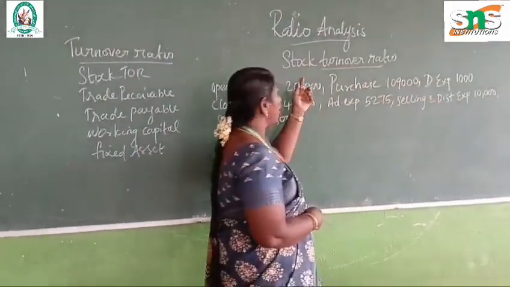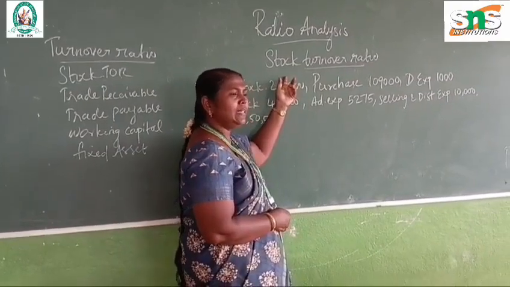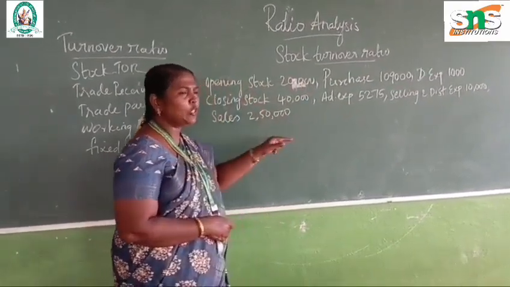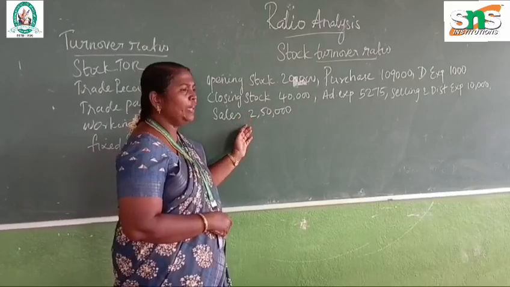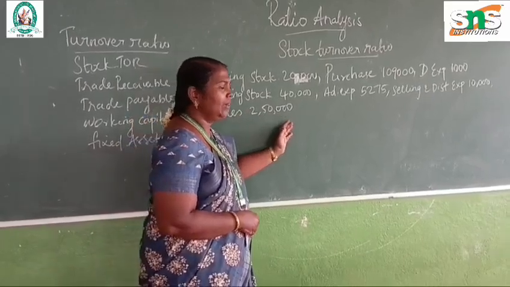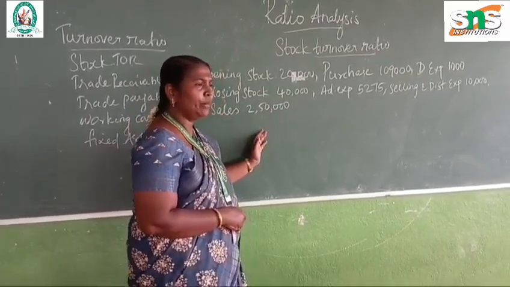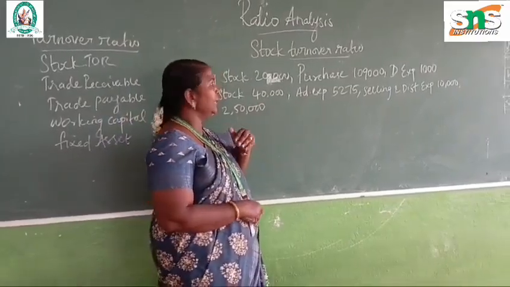Now we will see stock turnover ratio. Stock is the inventory, the opening stock and the closing stock. The opening stock should be converted, with the closing stock, into cash. That is the turnover.